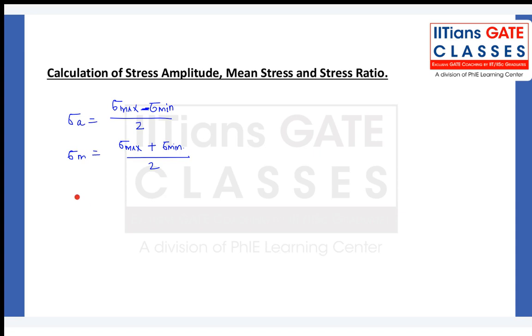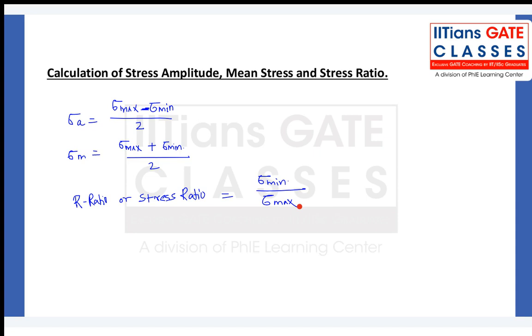And the last term is the R ratio or stress ratio. This can be given by the value of the minimum stress divided by the value of the maximum stress.